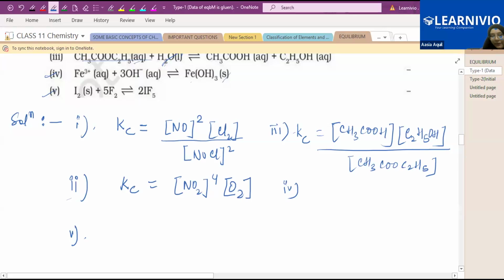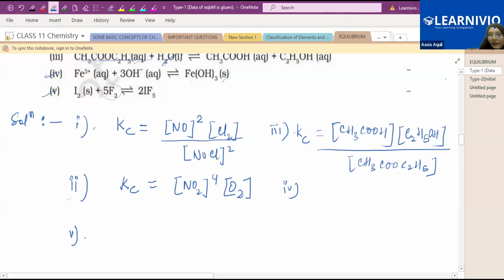In the fifth question, if the state is not given, you will consider the concentration in your reaction. If it is not given in the bracket whether it's a solid, liquid, gas or aqueous, you will consider its concentration in the equilibrium expression.